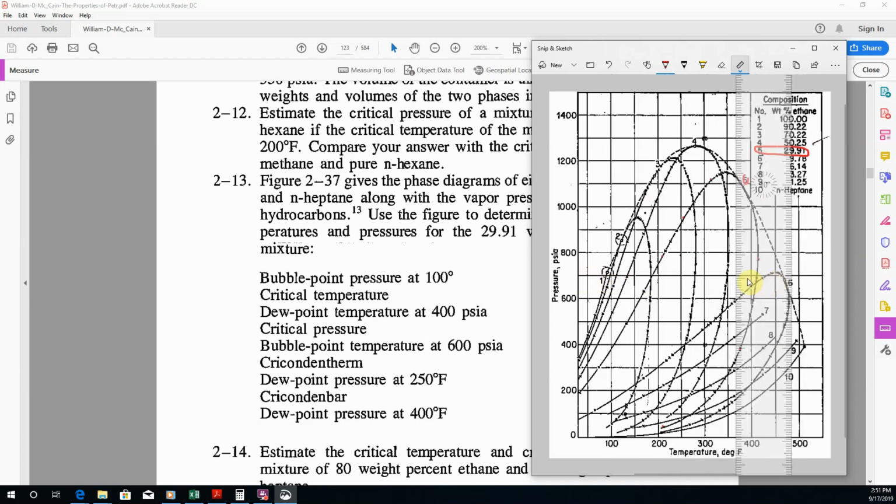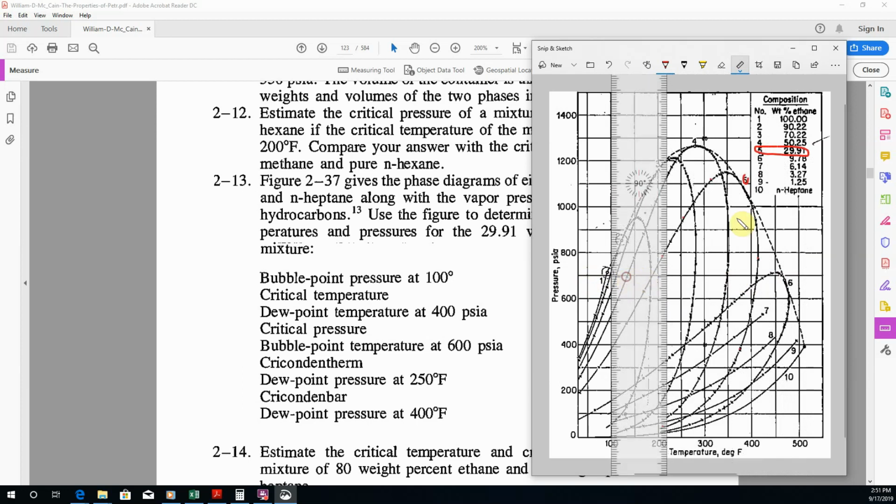Oops, hold on, I'm on the wrong thing. Yeah, 100 degrees Fahrenheit. So let's follow our curve around. Our curve comes down and it hits right about here, it looks like. And I would say that that is about, it's hard to tell, maybe 375.